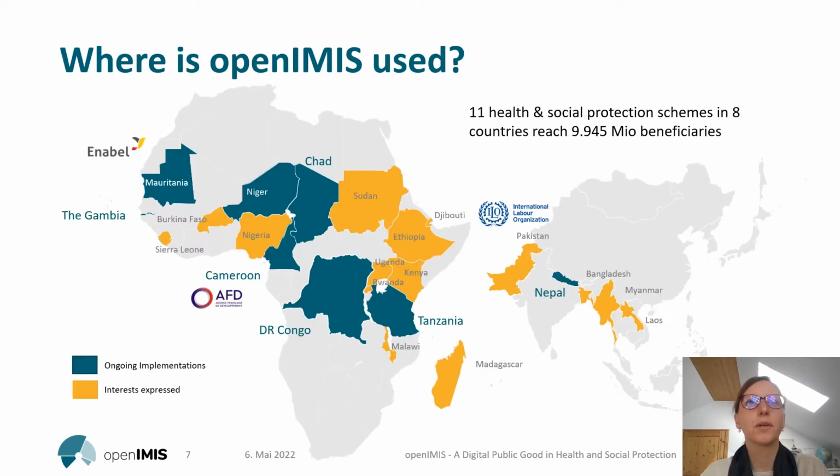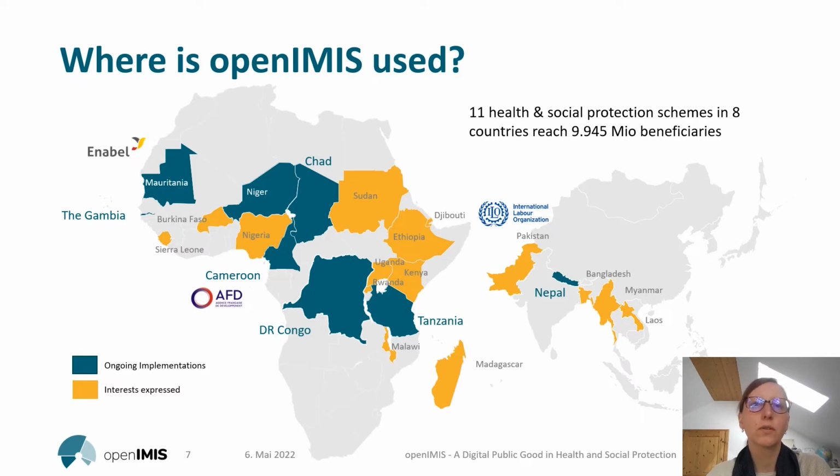So where is openIMIS used? You can see here from this map, in total, by now, we have 11 health and social protection schemes served by openIMIS in 8 countries, reaching altogether close to 10 million beneficiaries.